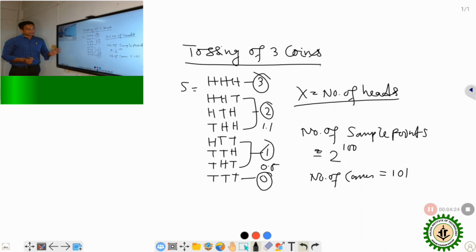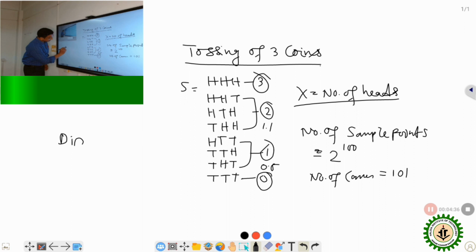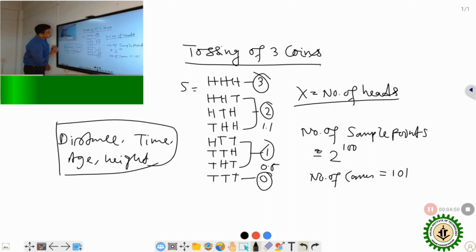These are called discrete when the number contains only specified values like 0, 1, 2. Now, if it is about distance, then it is continuous. Distance, time, age, height. These are examples of a continuous random variable.